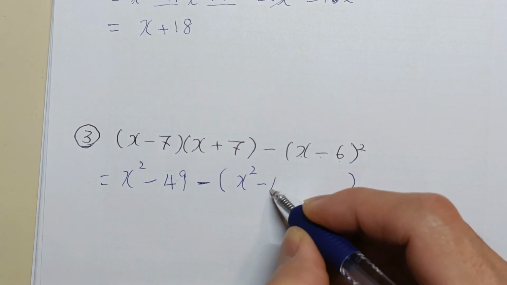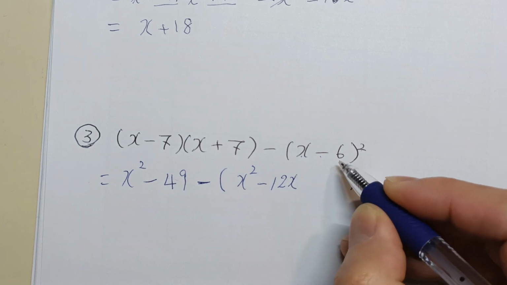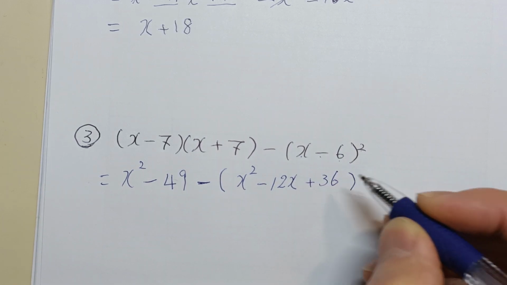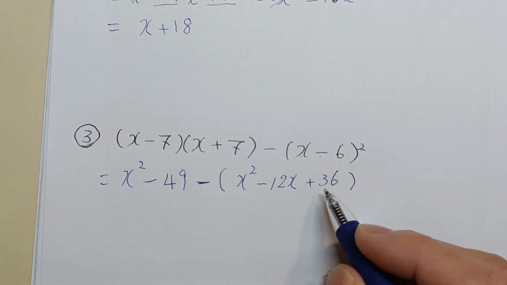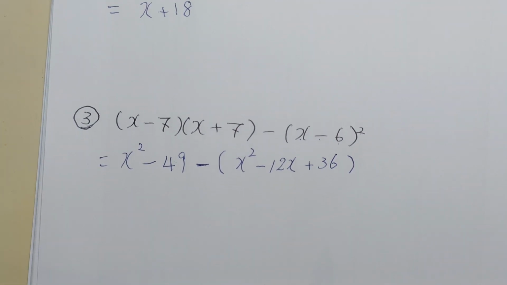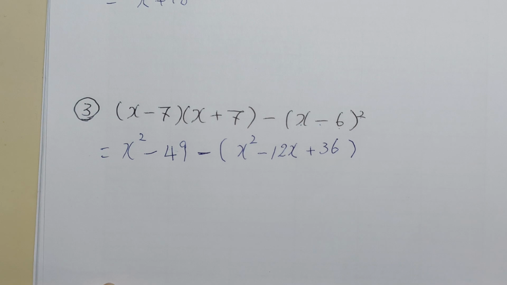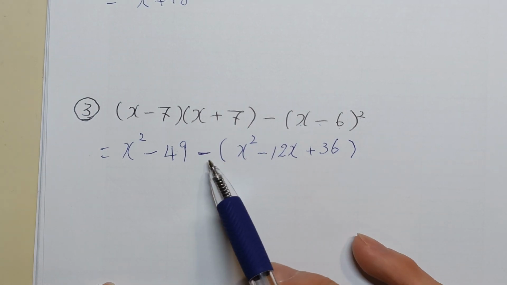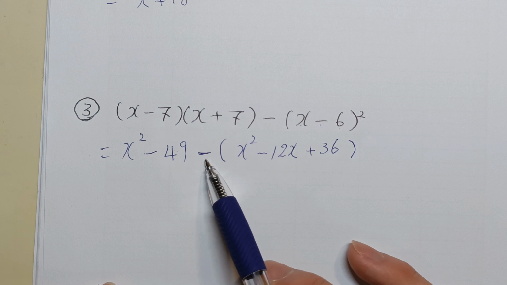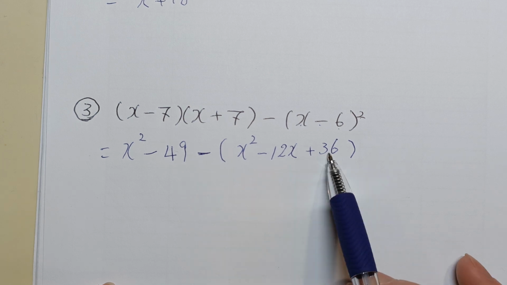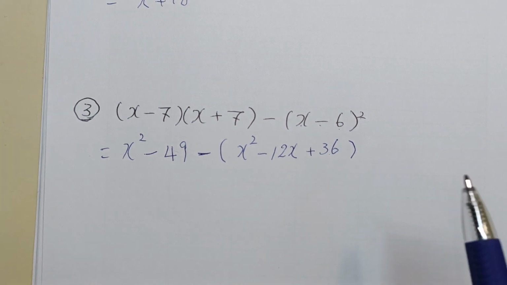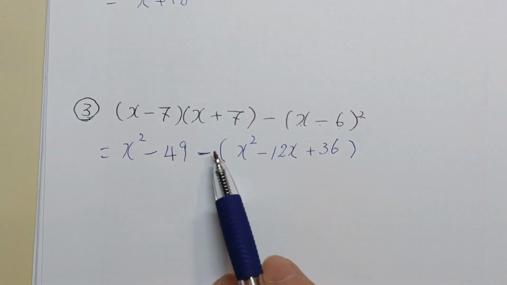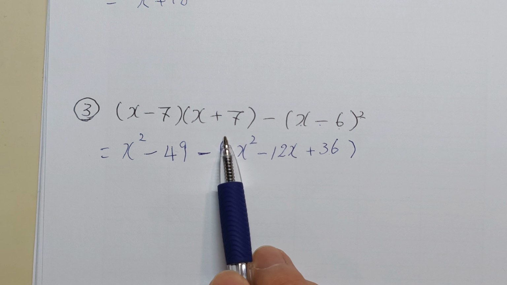Which is negative 12x, and then negative 6 times negative 6 is positive 36. We always get positive here and here, isn't it? Then the reason why I put bracket here is this negative affects on all of the terms in the bracket. So if you forget to put bracket here, you make a serious mistake, isn't it?